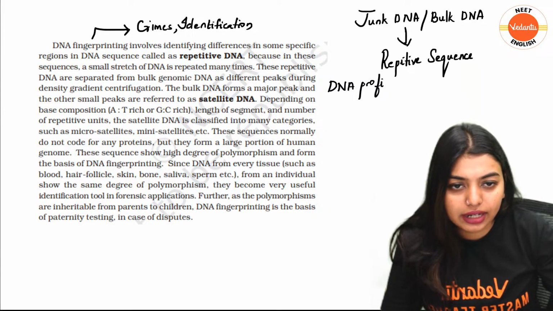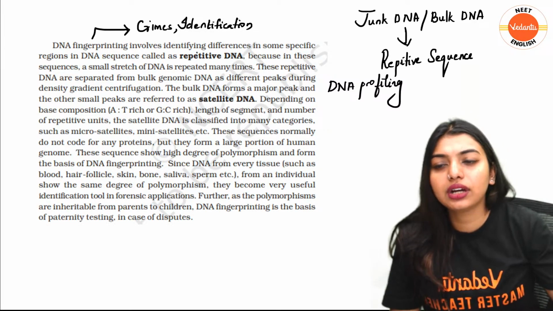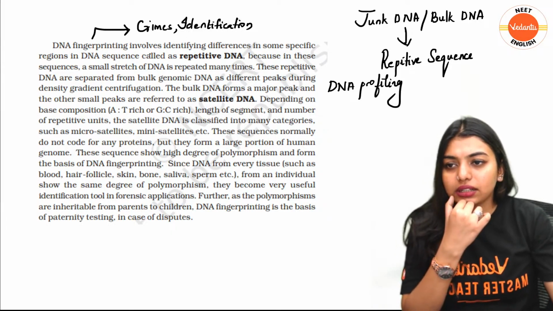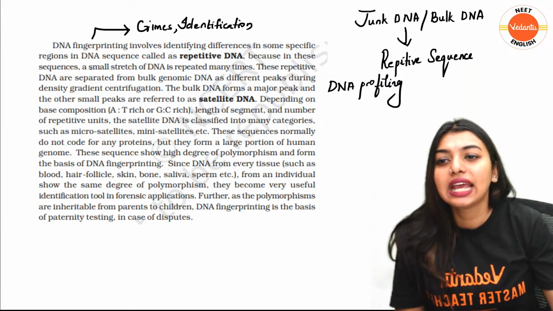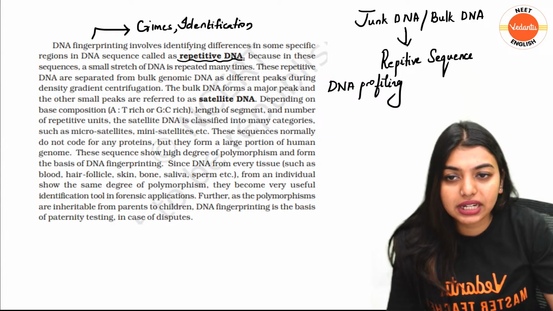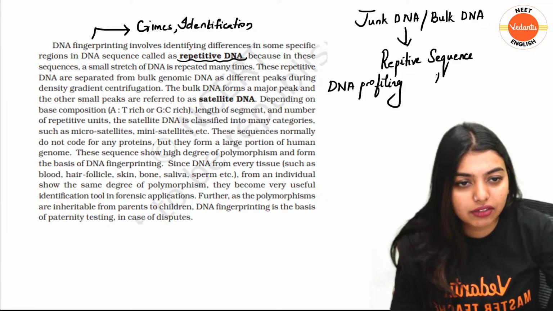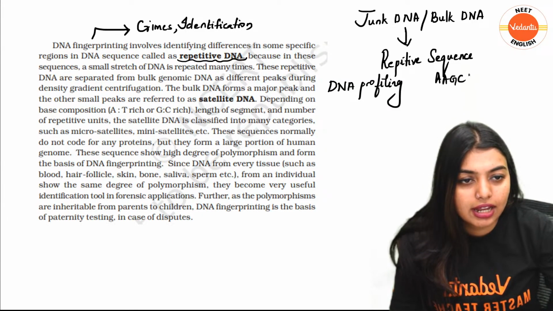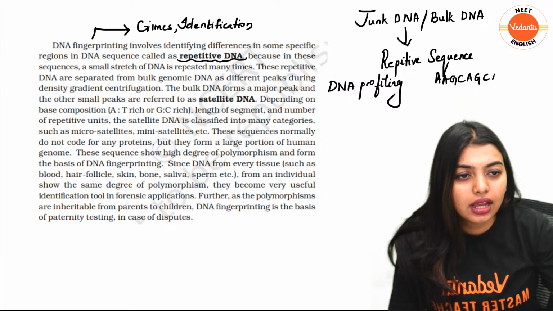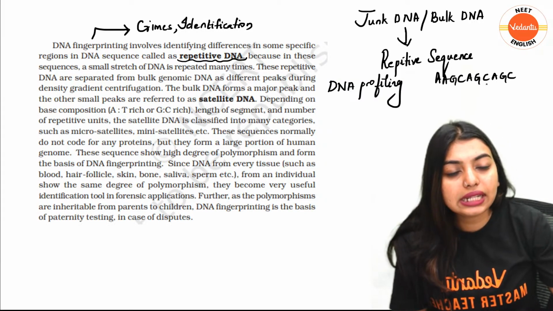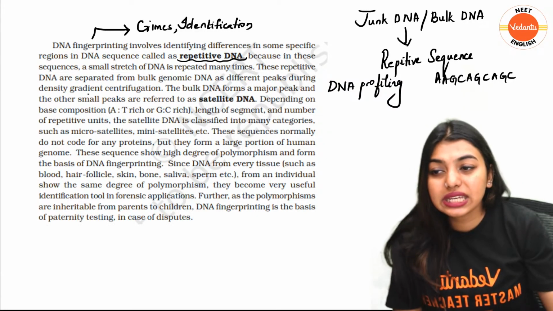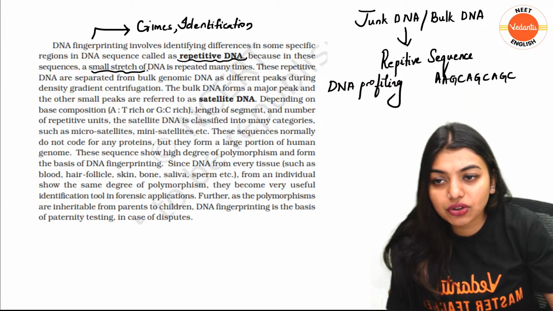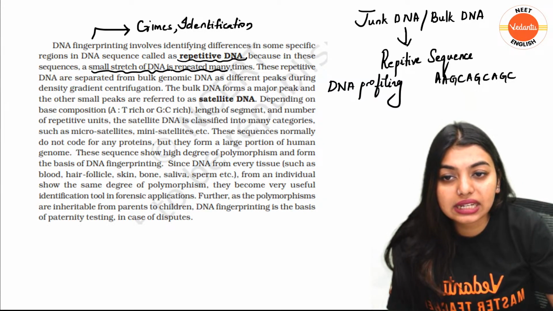Look here: it involves identifying differences in some specific region of the DNA sequence called repetitive DNA. It will keep continuing like this, but we have to understand which sequence is different, because in this sequence a small stretch of DNA is repeated many times.